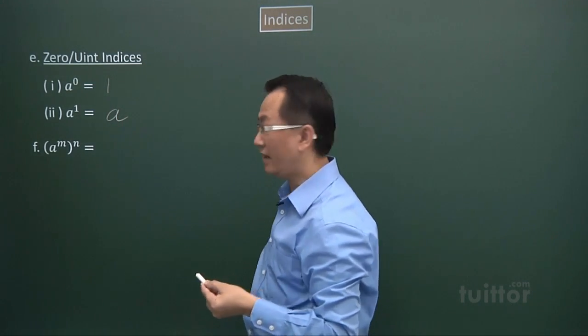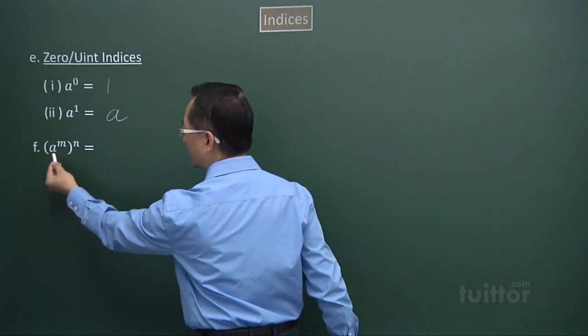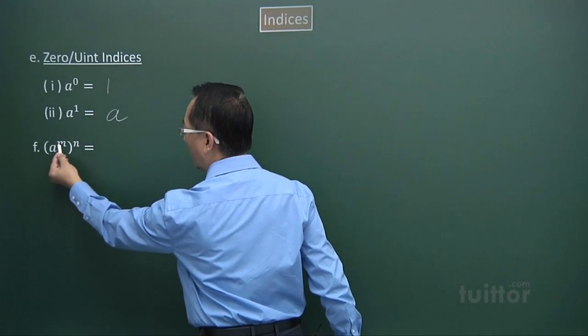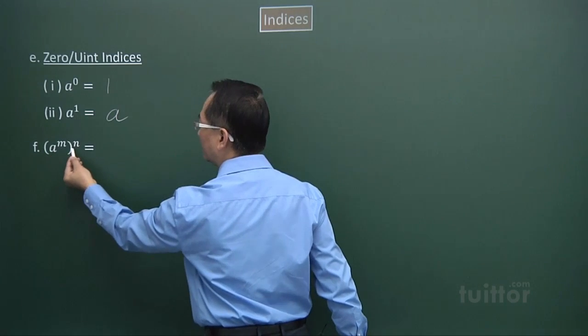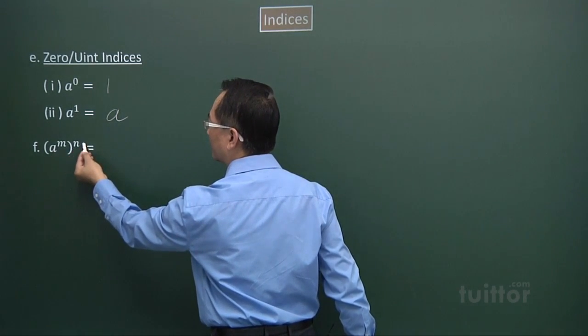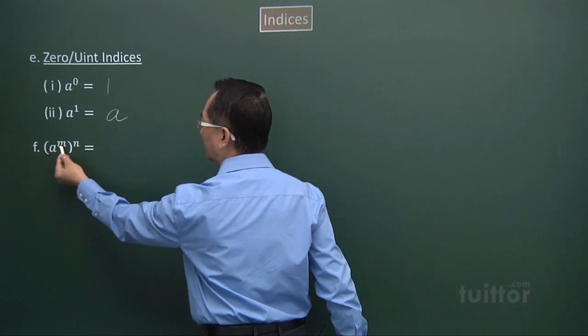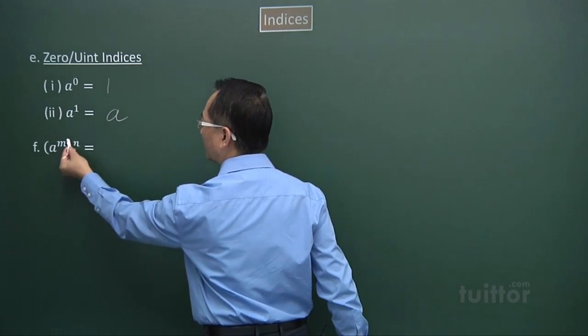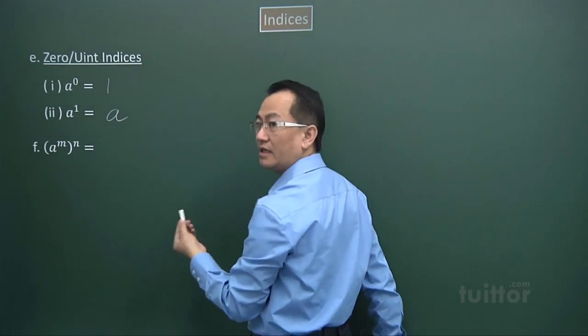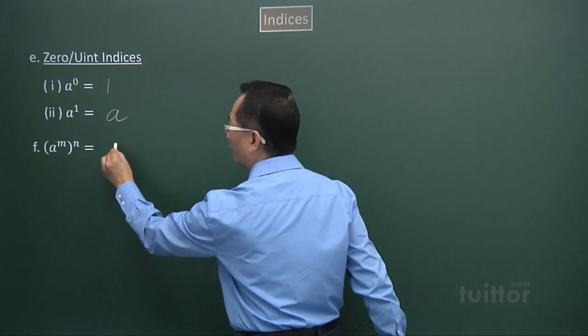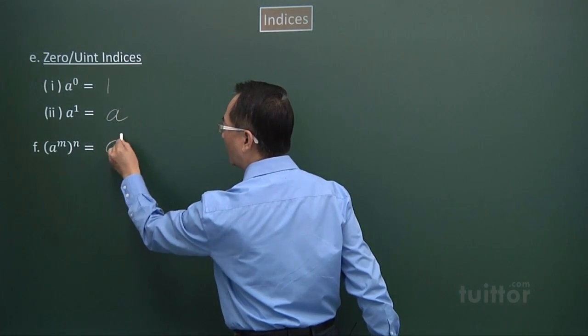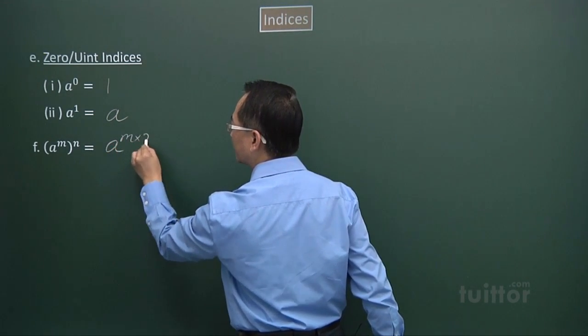For part F, we have this arrangement, a to the power of m, in brackets, raised to the power of n. So in this case, you have indices separated by just a bracket. We have, for the result, a to the power of m times n.